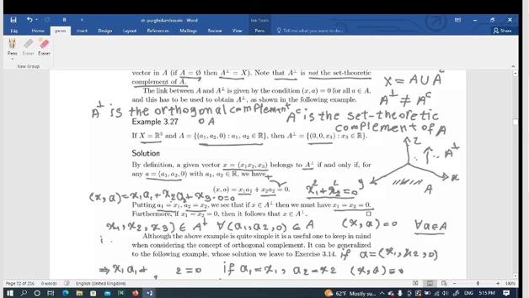Because x3 times 0 is equal to 0, we just write x1 a1 plus x2 a2.